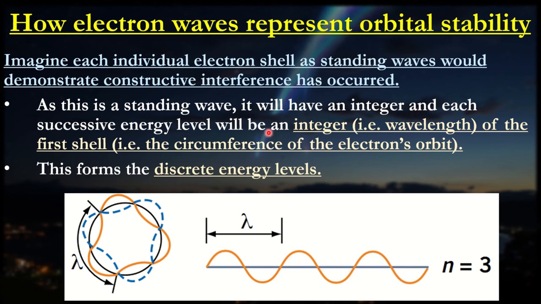Every successive energy level we go up by is the same as increasing the integer of the wavelengths in each shell. So if I have shell number 3, I have 1, 2, 3 wavelengths. If I go to shell number 4, I'll have 1, 2, 3, 4 wavelengths.